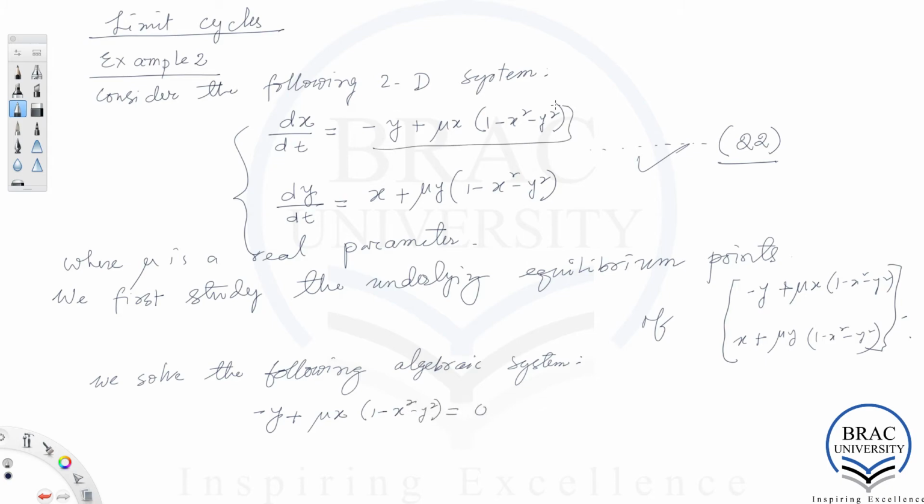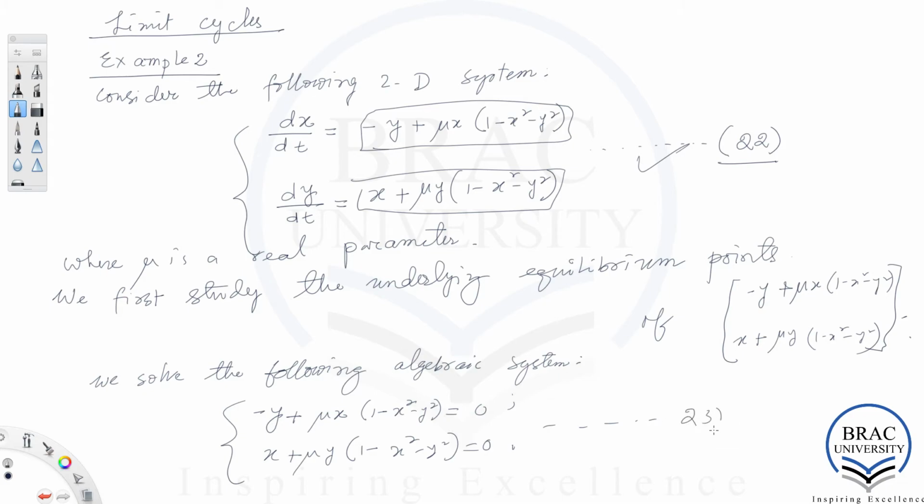We set it to 0 identically. We also set the second to 0 identically: x plus mu y times 1 minus x squared minus y squared is equal to 0. Let us number this couple of quadratic equations by 23, and we'll study this quadratic system.